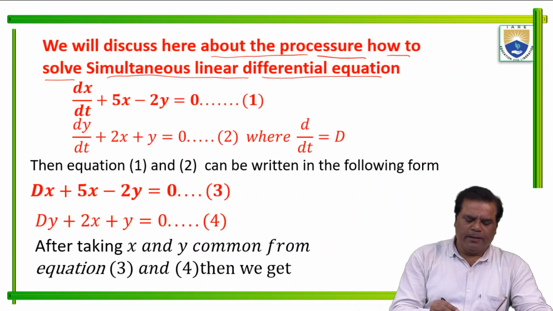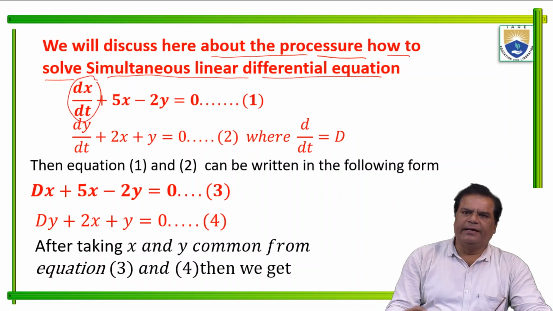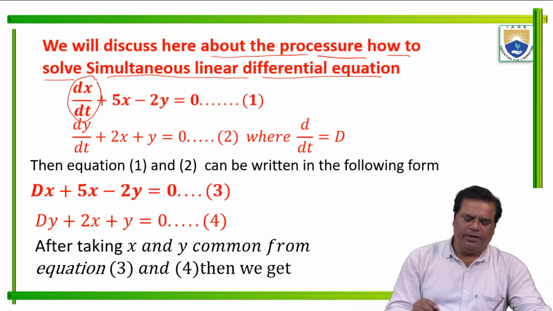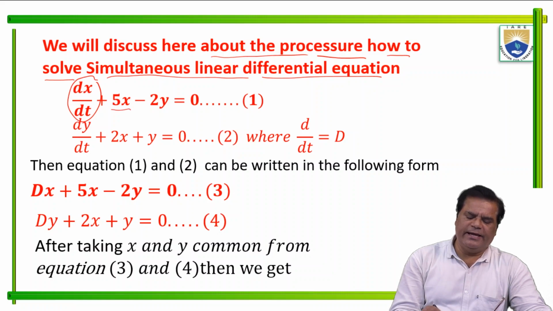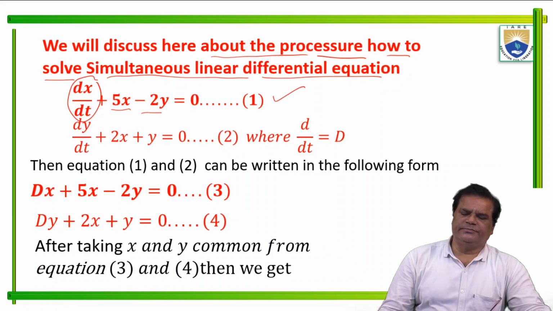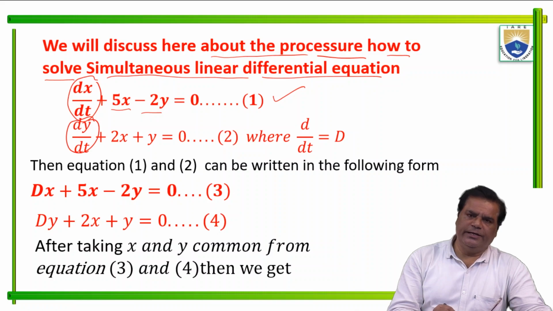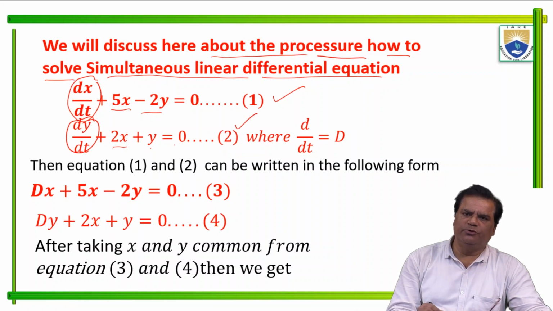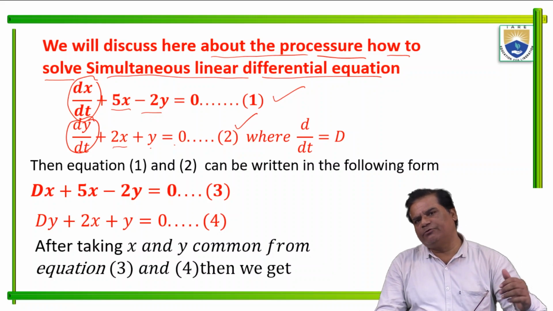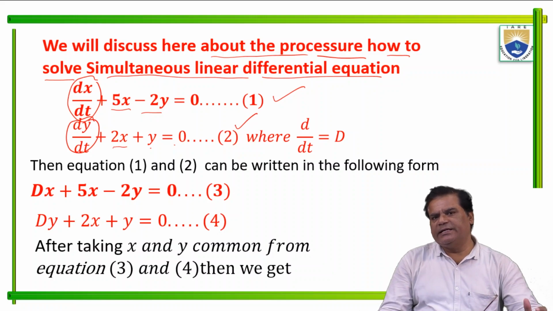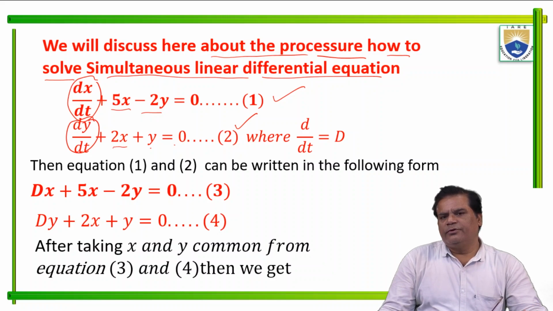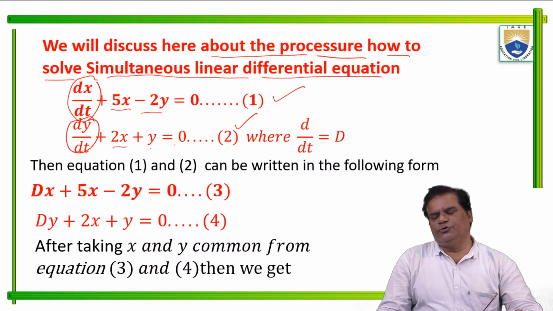So I am writing the question again here one time. Dx over dt plus 5x minus 2y equal to 0. This equation 1 is given in our question paper. Next, dy over dt plus 2x plus y equal to 0. This equation 2 is also given in our question. So the combination of equations 1 and 2 gives us question 1.